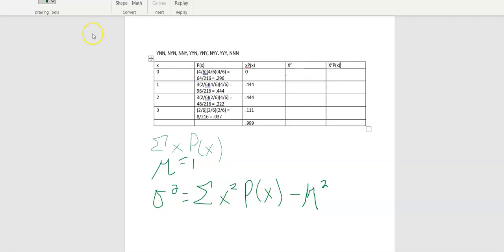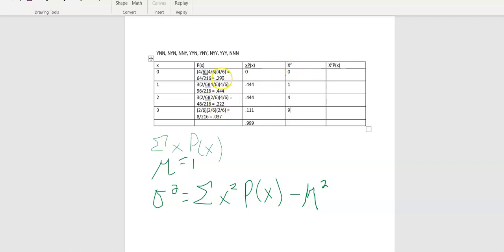but first we need to get x squared. So let's actually do each of these columns. Now x squared, I'm going to go back to my x column, and I'm just going to square everything over here. So 0 squared is 0. 1 squared is 1. 2 squared is 4. And 3 squared is 9. All right, now I need to multiply this column by the probabilities that are in this column.